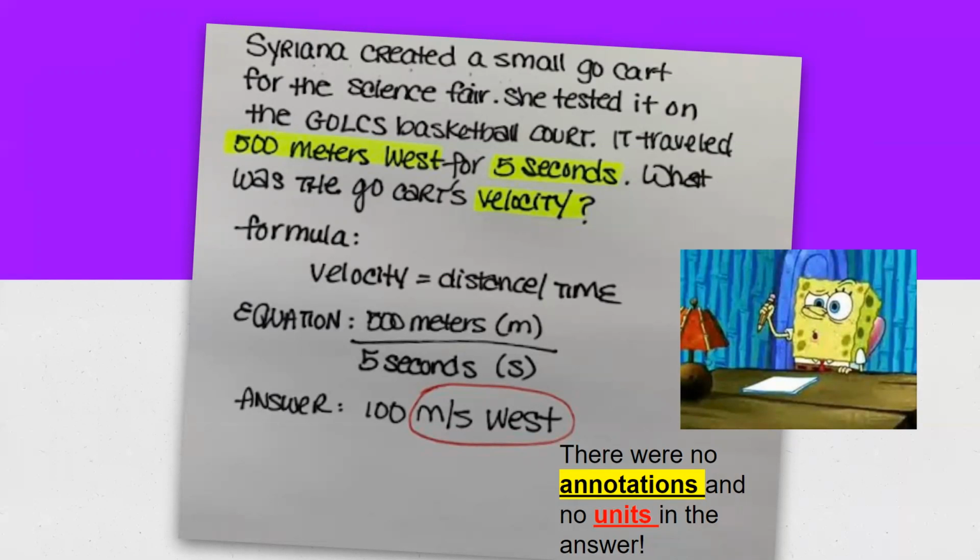We had to highlight velocity because we have to know what formula we're looking for and what we're solving for. So the formula was absolutely correct. Velocity is equal to distance over time. The equation was cool because it included the units, the meters and the seconds, and it also was placed and substituted correctly. Great, but your answer was missing that meters per second west. You need that there. All right.